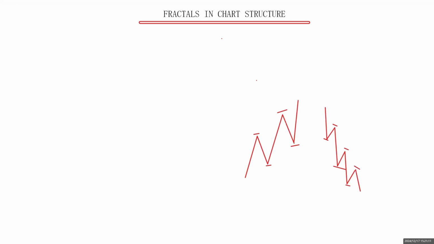Let's first of all write that fractals are the length of the exhaustion. It's also important to note that fractals are measured in pips. So if you want to measure fractals, you can use your measuring tool to measure the pips of each of those fractals.